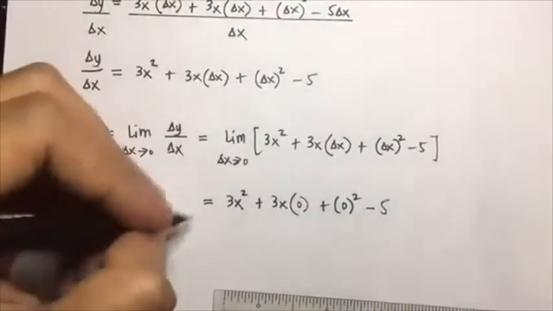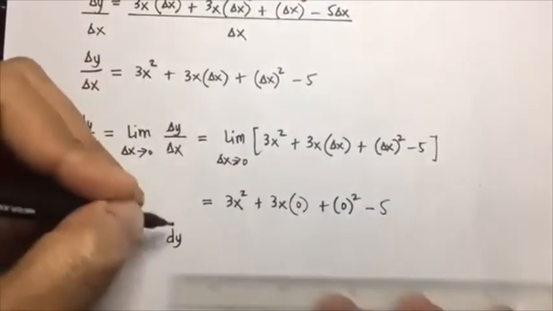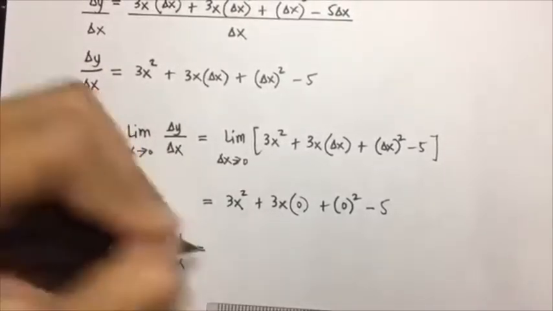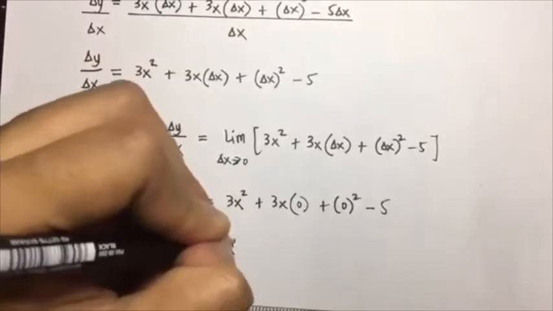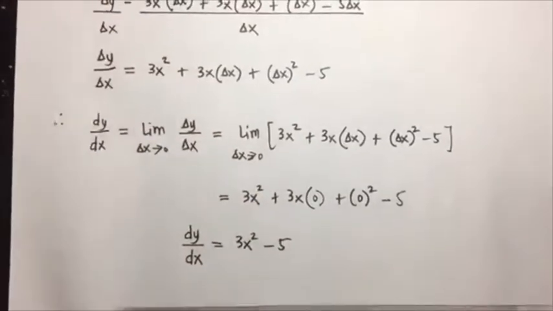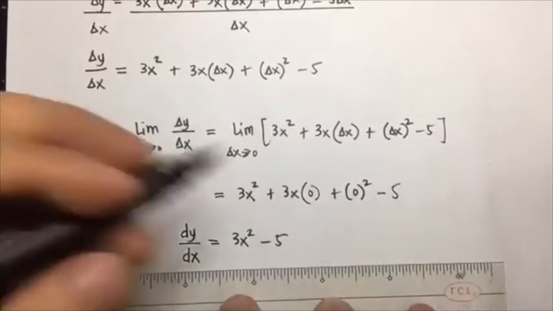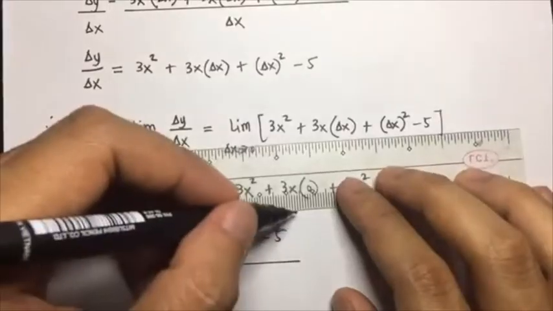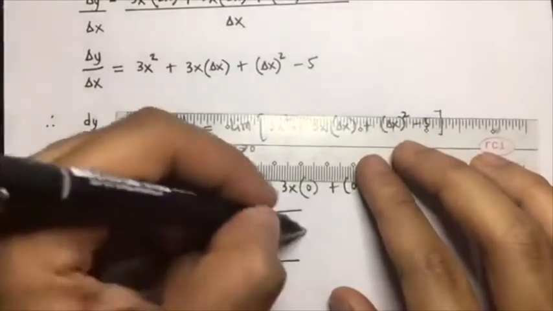Therefore the derivative dy over dx is equal to 3x squared minus 5. That is the expression of the derivative of y with respect to x.